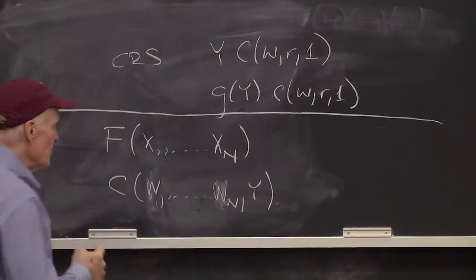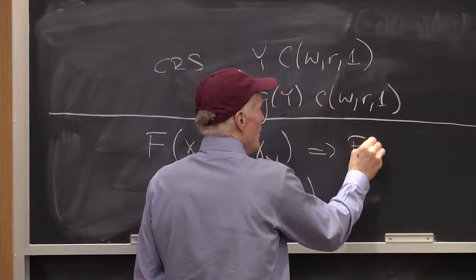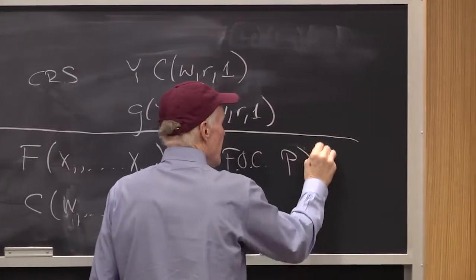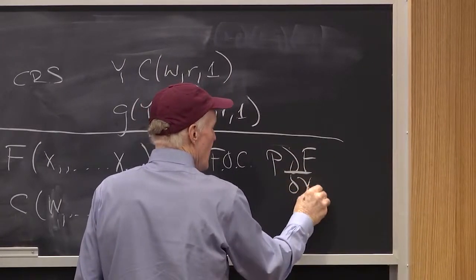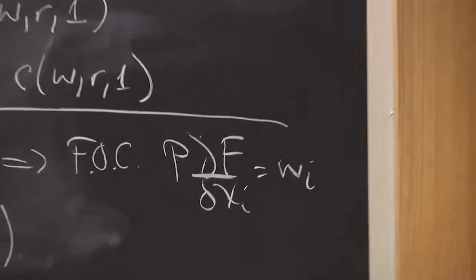So you can think about the first order conditions for this problem: P times partial F partial Xi equals Wi. Those are the first order conditions for that problem.